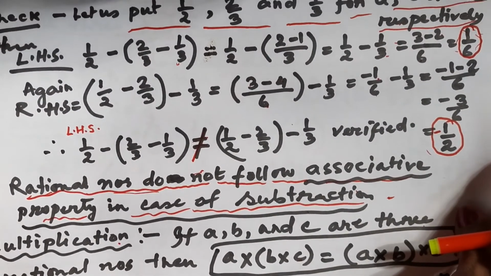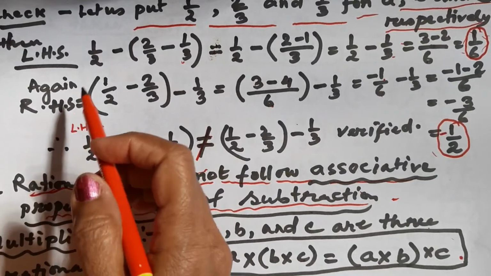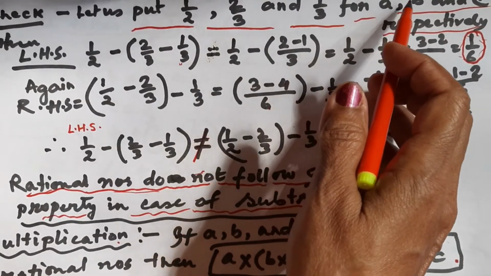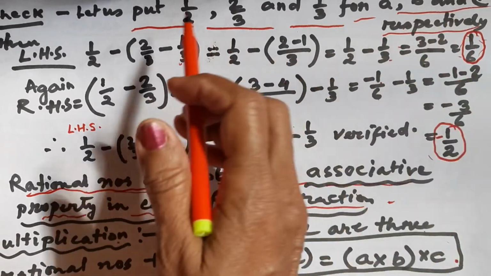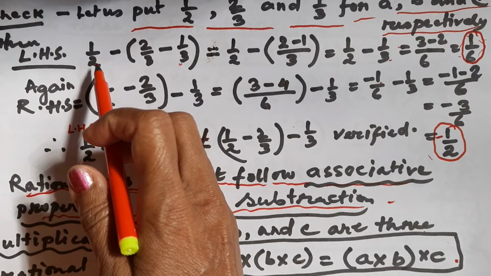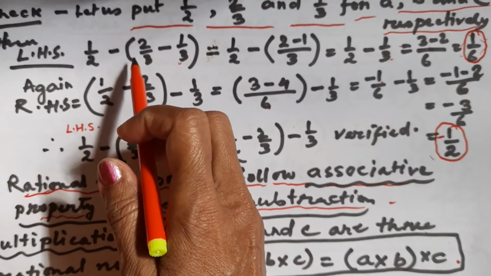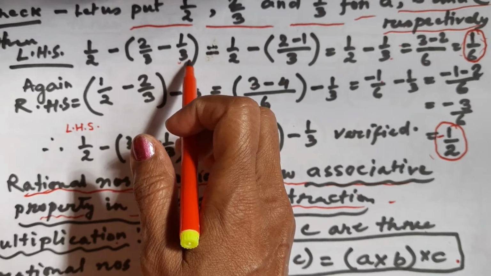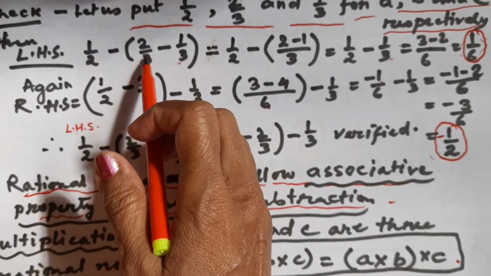We are checking it. First, let us put 1/2, 2/3 and 1/3 for A, B and C respectively. Then LHS will be equal to 1/2 minus 2/3 minus 1/3, that is A minus (B minus C).